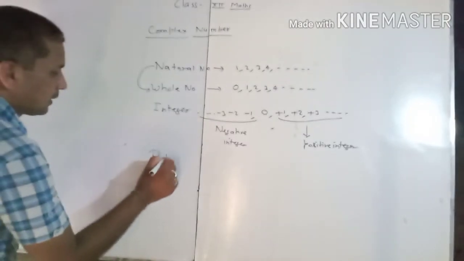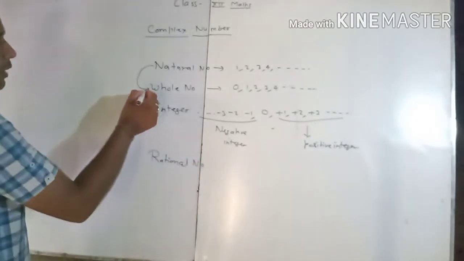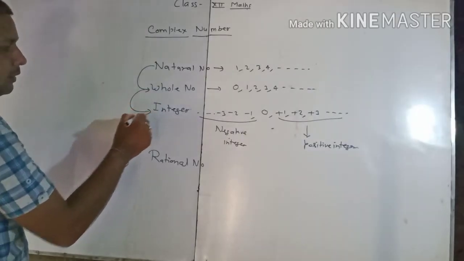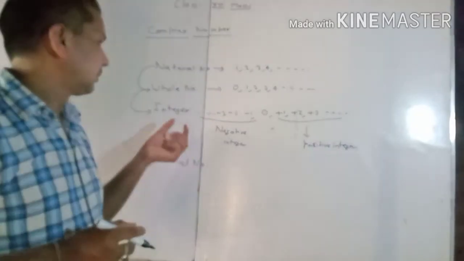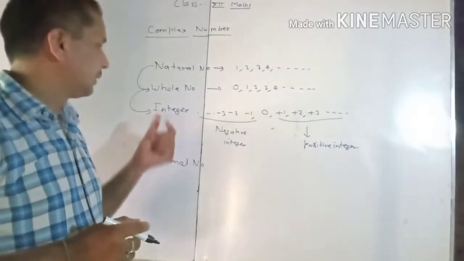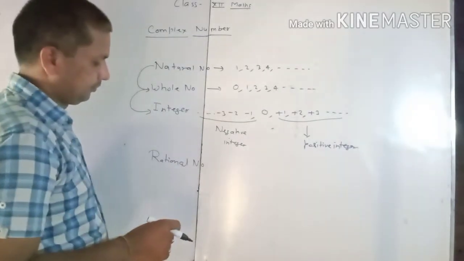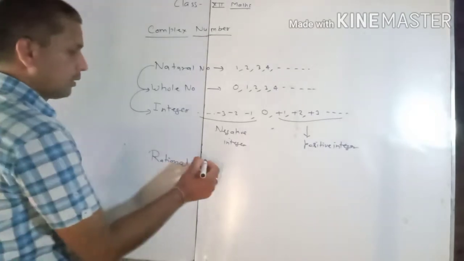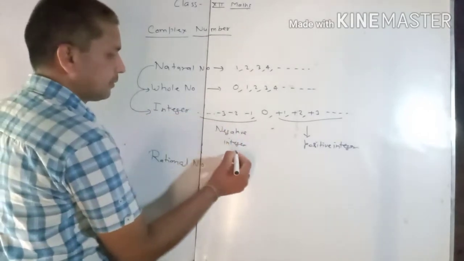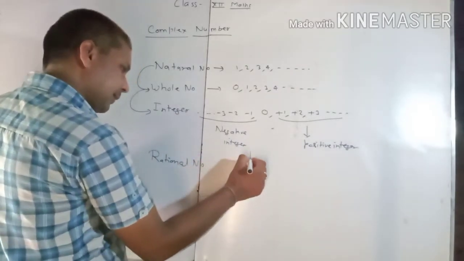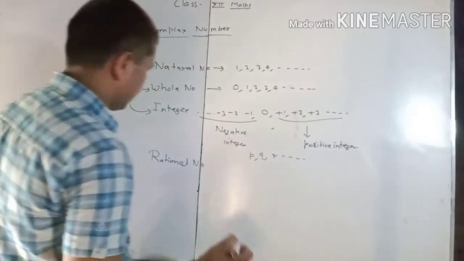After this, rational numbers. All whole numbers are contained by integers. Generally, integers are denoted by P, Q, R, and so on.